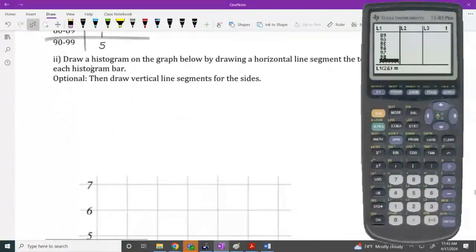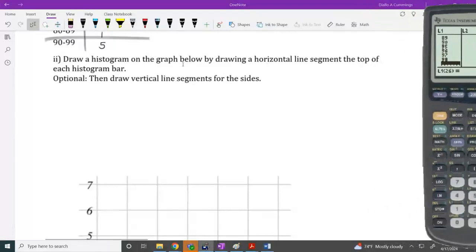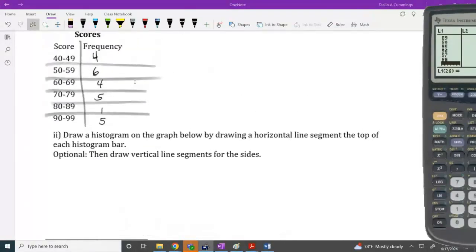All right. So the second part says draw a histogram below by drawing a horizontal line segment at the top of each histogram bar. So we're basically going to visualize this graph physically.